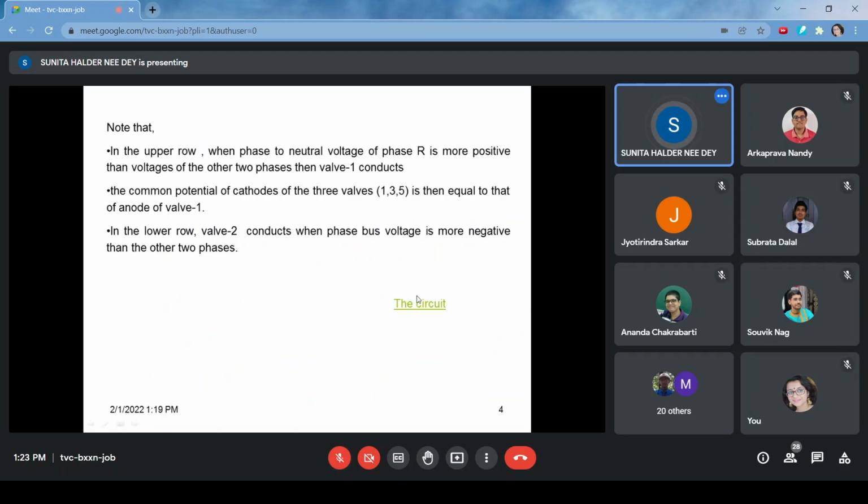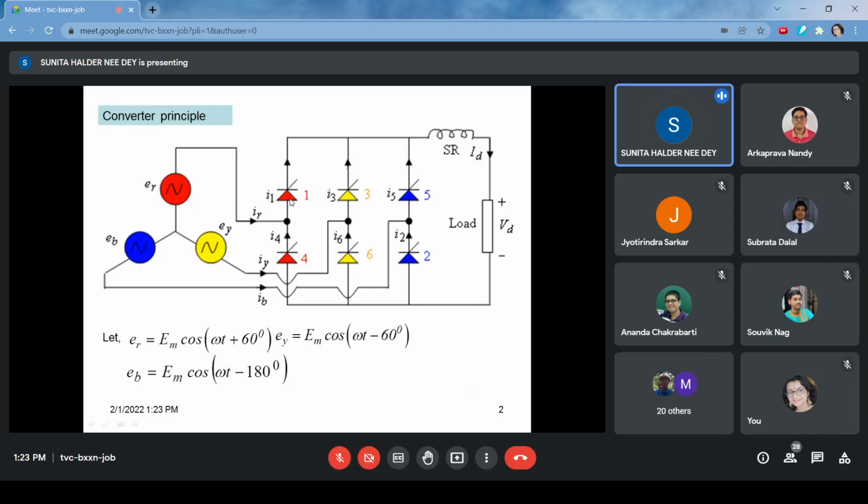Now you see here there are three thyristors in the upper row. So 1, 3, 5. Any one of them will conduct, and then a positive voltage will be available at the positive side of the load.